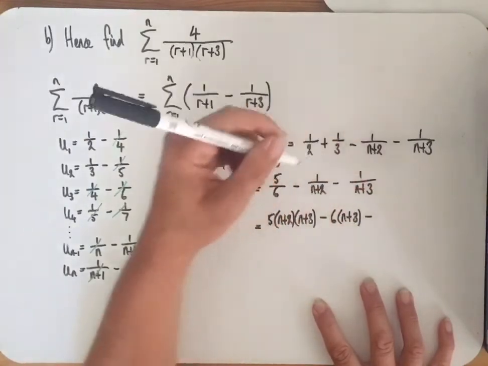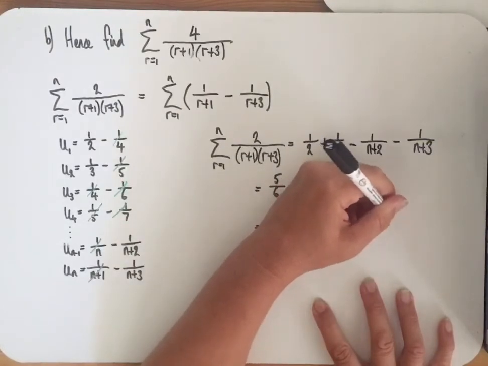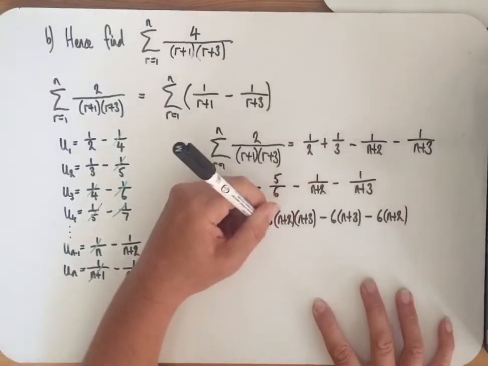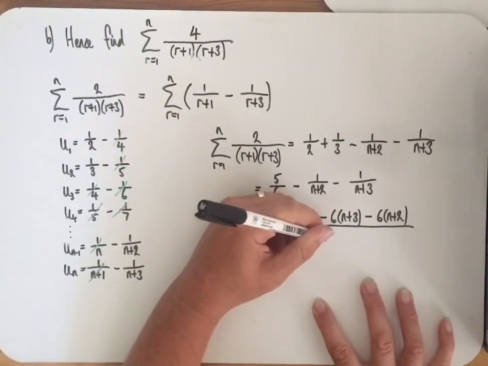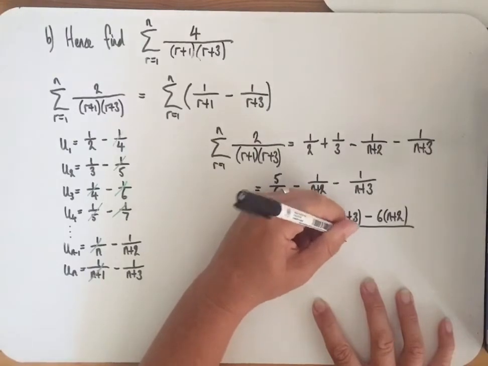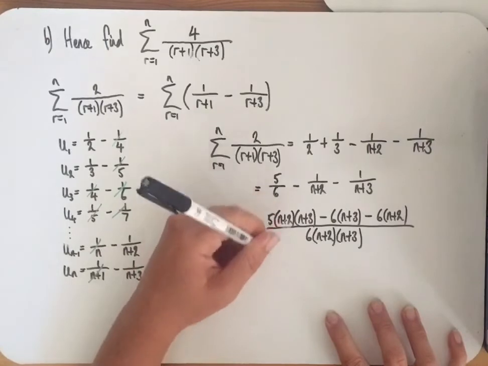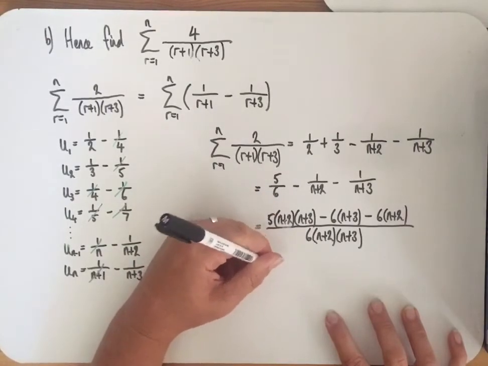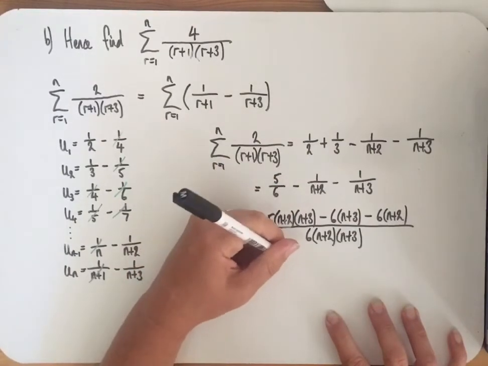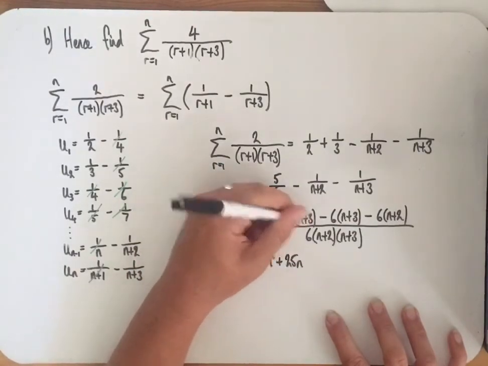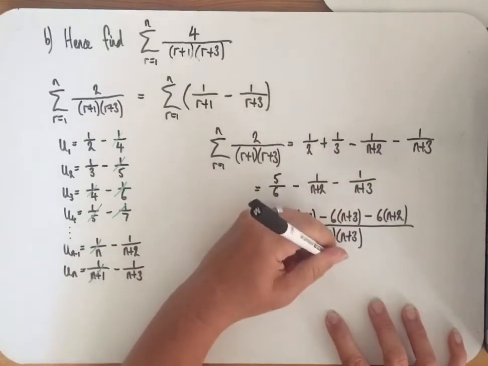Minus, and then top and bottom by 6(n+2). All over 6(n+2)(n+3). Then you can multiply at the top, so you get 5n squared plus 25n. 6 times 5 is 30. And then obviously be careful with signs around here.